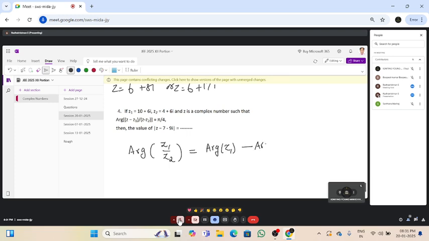So this is the concept here. Arg of Z1 by Z2 is equal to arg of Z1 minus arg of Z2, okay? So use that and try to solve this.